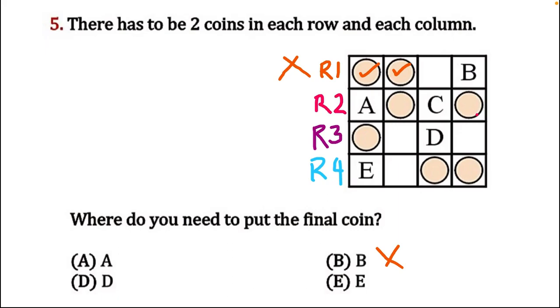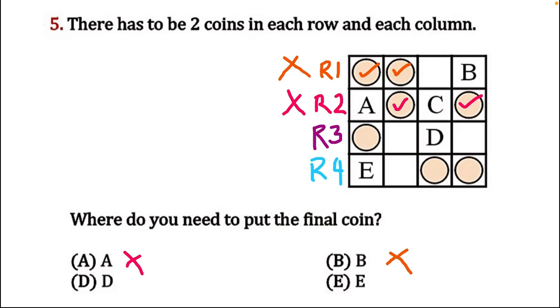In row number 2, 2 coins are also already present, so row number 2 is also incorrect, and the letters A and C are incorrect, so option A is incorrect. Move to row number 3.